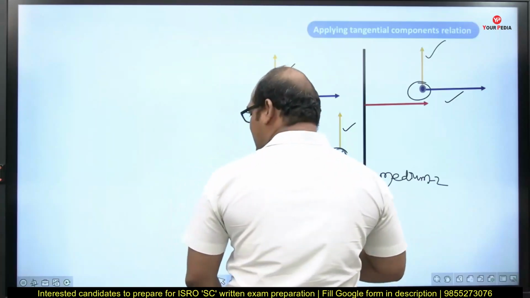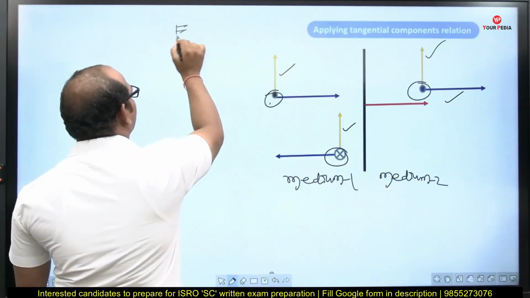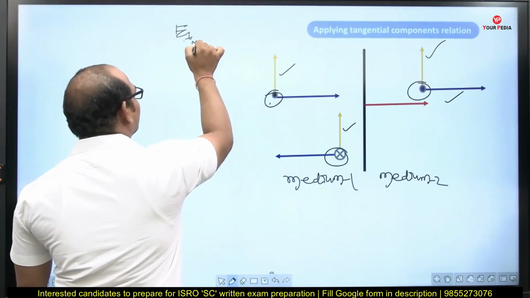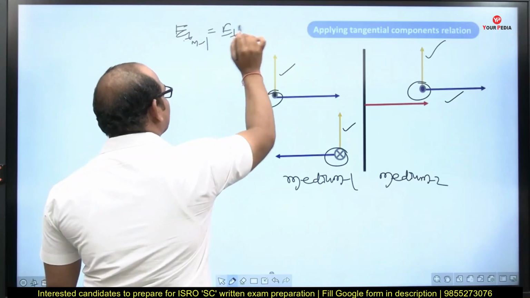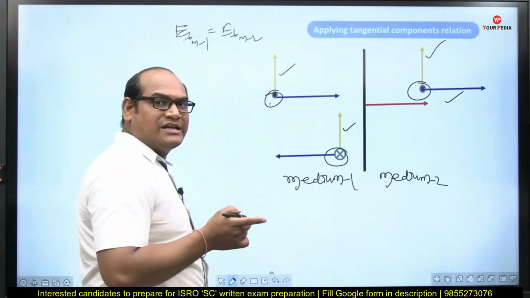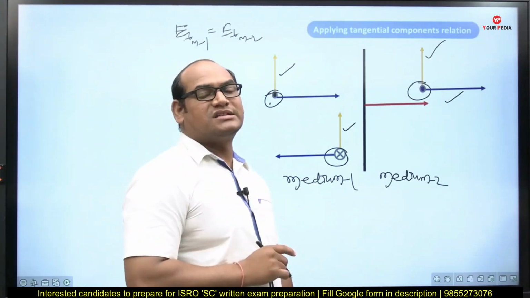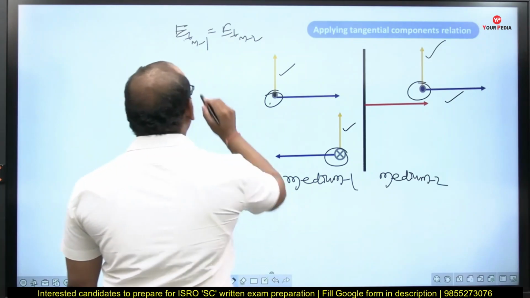According to the boundary conditions, we know that the tangential component of the electric field in medium 1 is equal to that in medium 2. So Et1 is equal to Et2, the condition we considered in the boundary conditions of electrostatics.